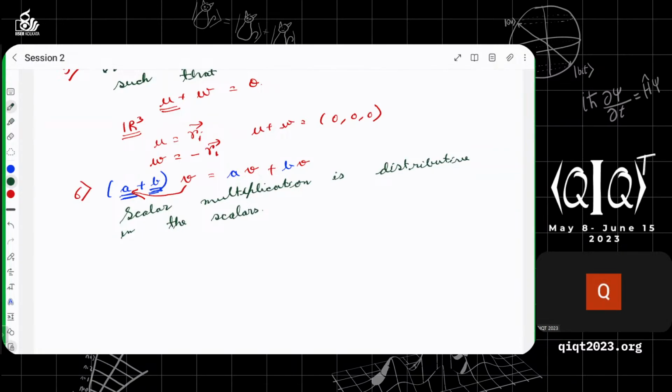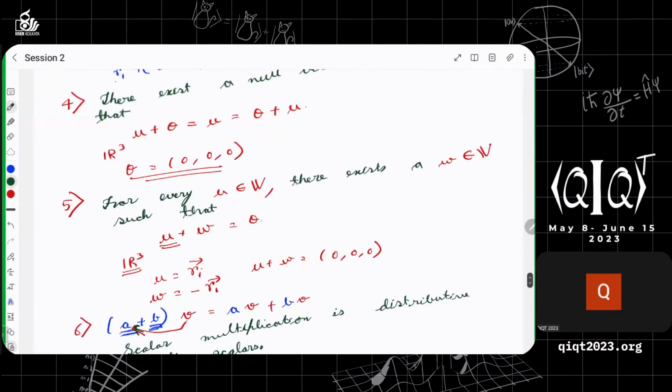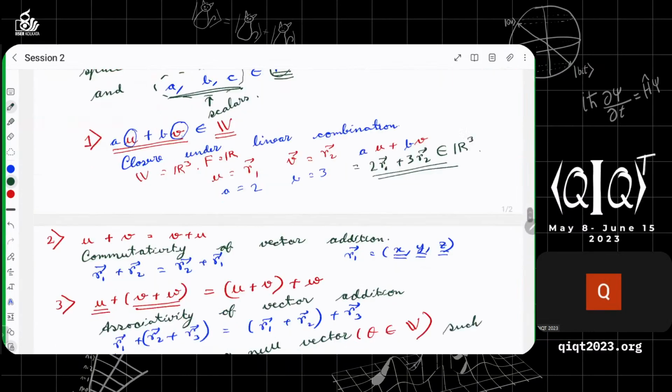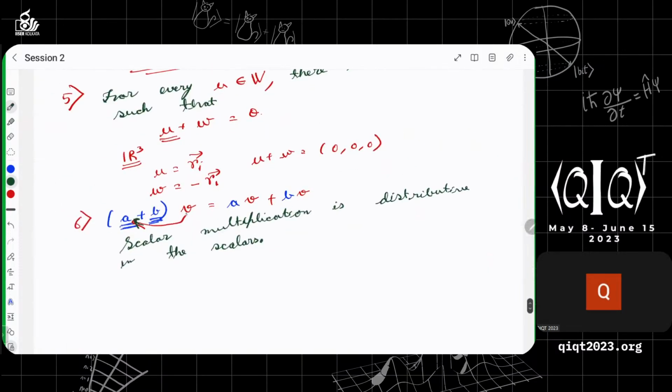Someone is introducing some noise. Okay, so what this means is that the vector V is getting distributed over this scalar addition. So a plus b was addition of scalars, and scalars, remember, are the elements of the field. So when we are multiplying the scalar addition with the vector, individually the scalars get multiplied with the vector, and we have this.